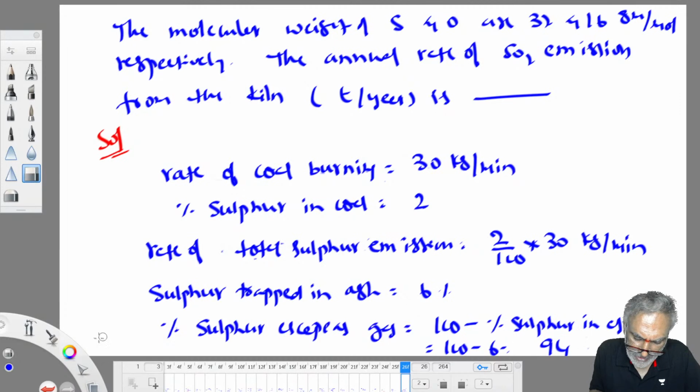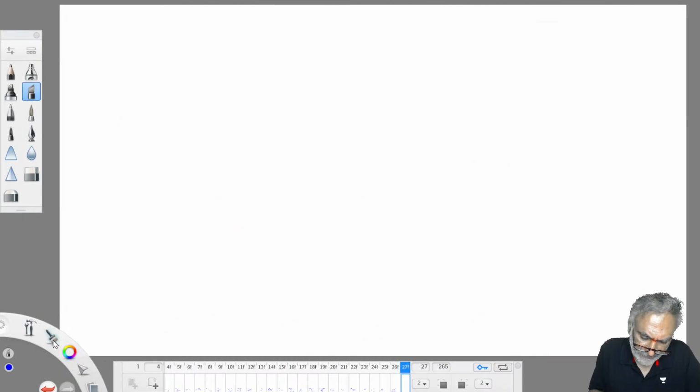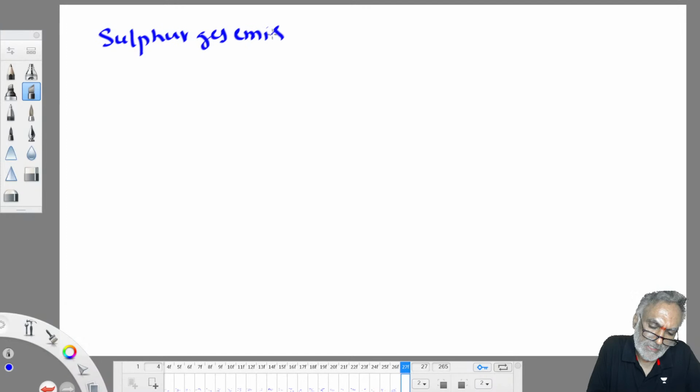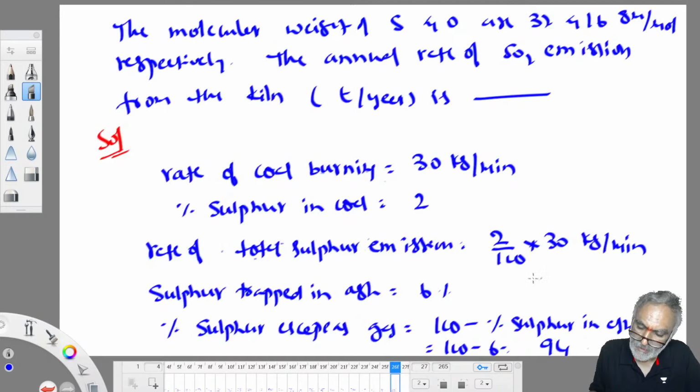So therefore, sulfur gas emission rate is equal to 94% of this one, 2 by 100 into 30.